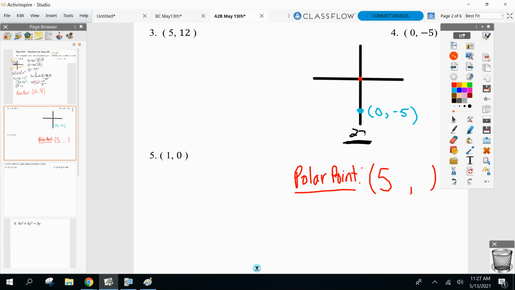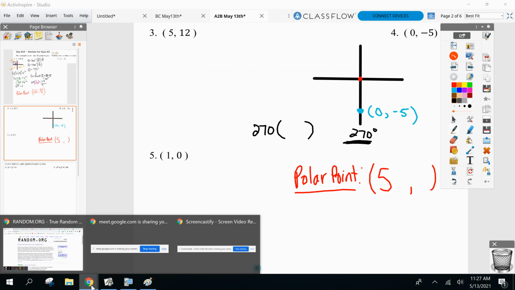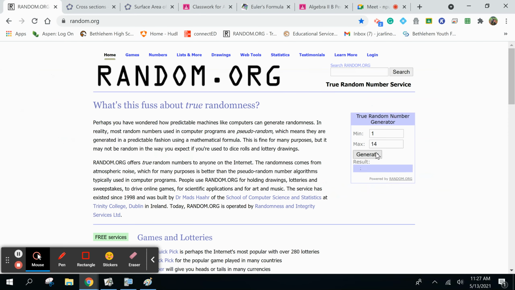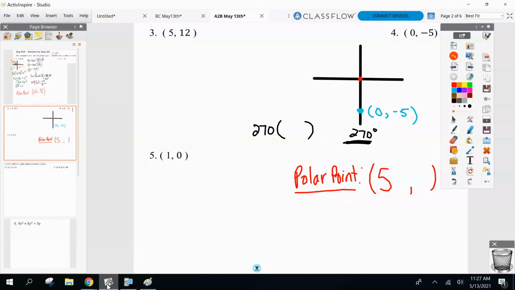Thank you. 270 degrees. Not what I want in your answer, though, because it's got to be in radians. So either you know it off the top of your head and write it in, or what do you have to multiply by? 270 times what to get it into radians? Nick, what do you got? Pi over 180. So if you don't know off the top of your head what 270 is in radians, multiply it by pi over 180, and that'll get you the answer.